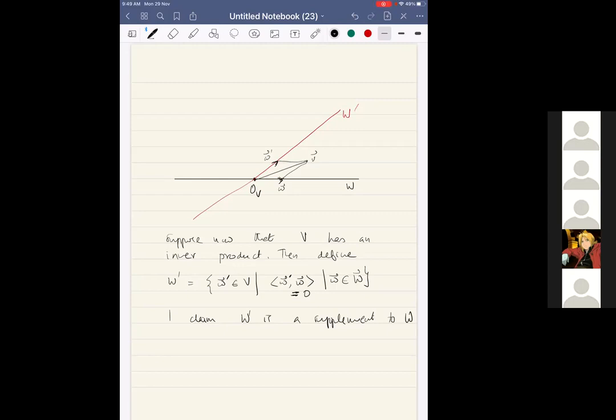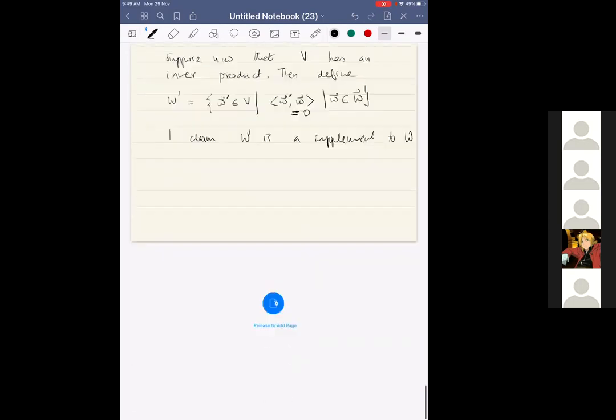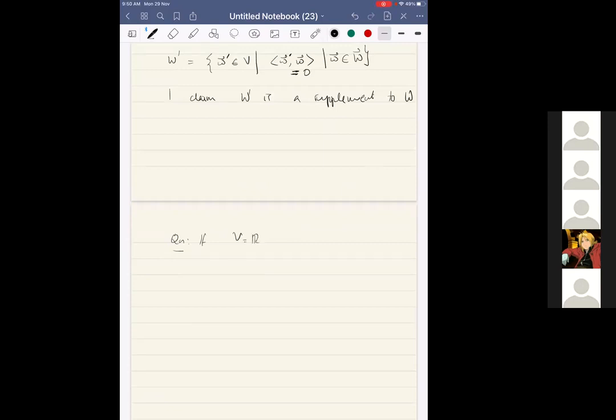A question: if V is R2 with the standard inner product, and W is the x-axis, what is W prime?